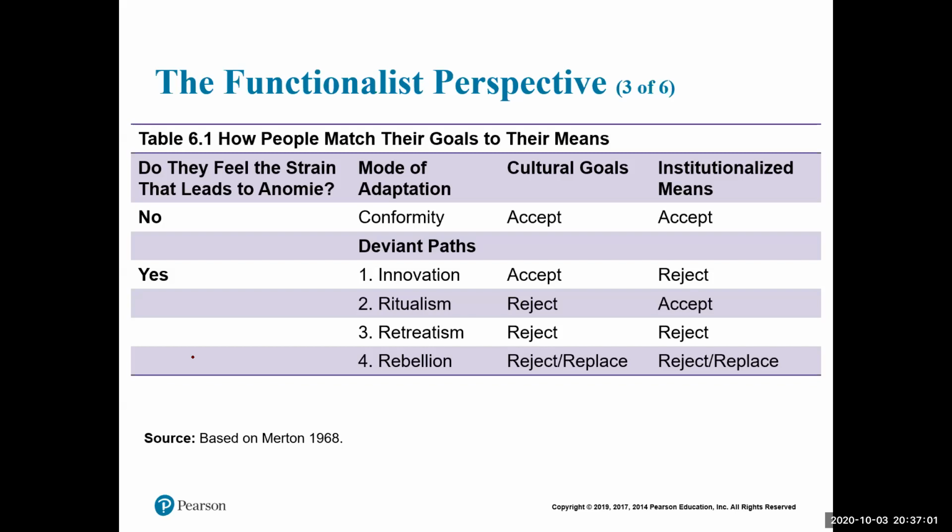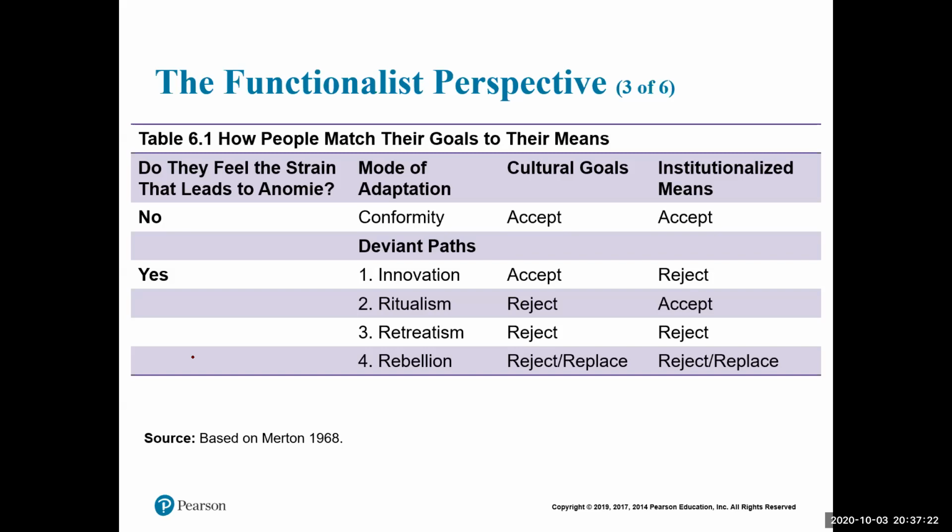Functionalist perspective, deviant paths. If you feel strain, yes, okay, well, you could have 4 different strains that you could feel, 4 deviant paths, right? You could either, one, look at innovation, which is accept your cultural goals and reject institutionalized means.